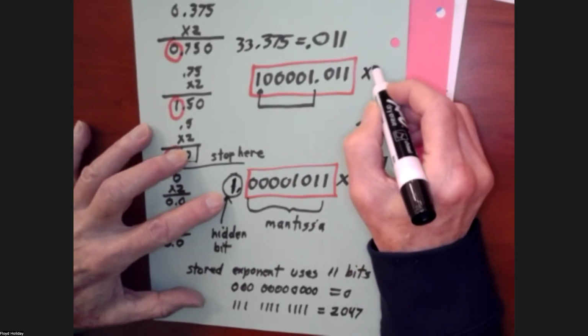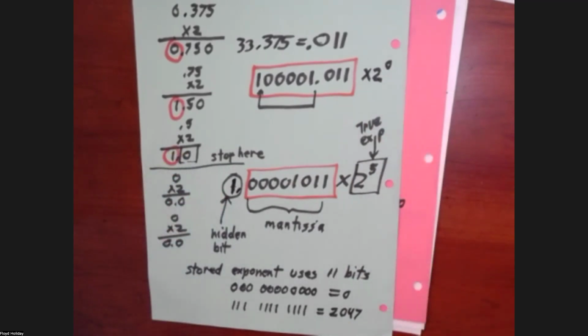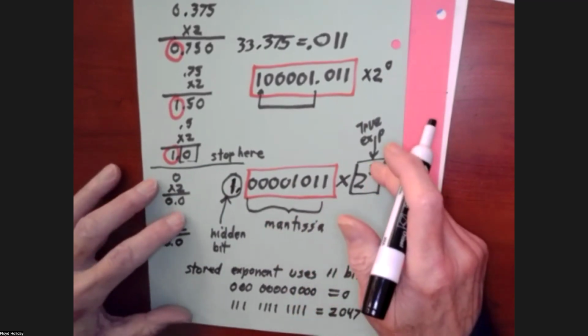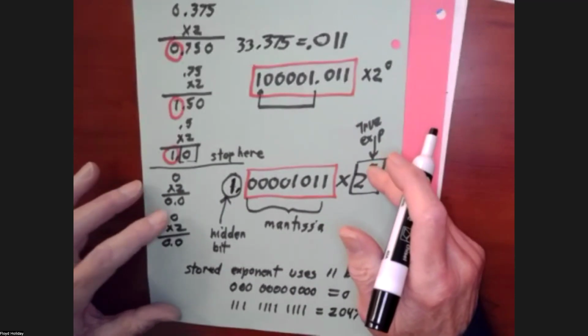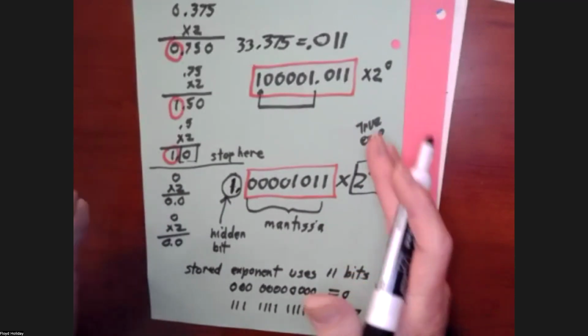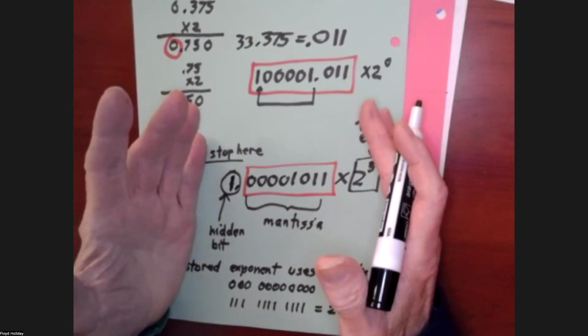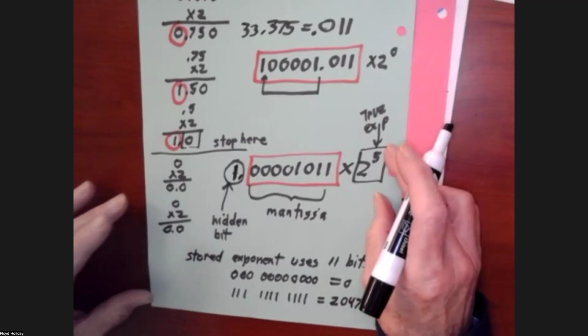Technically, this is times 2 to the 0, which doesn't do anything. But when you move the dot to the left, then the exponent on 2 increases by that many places. And so this one now is finally a binary scientific floating point number. But it's not right.